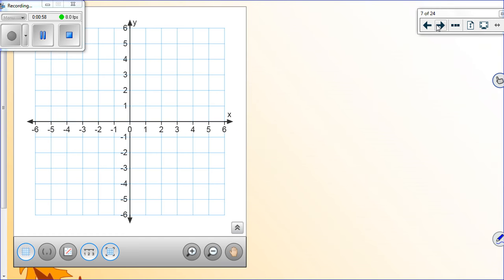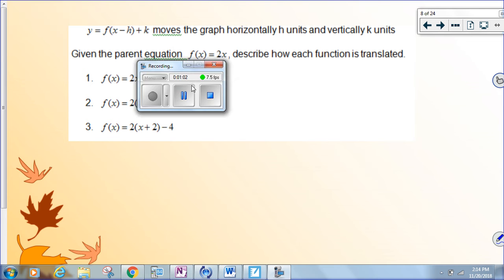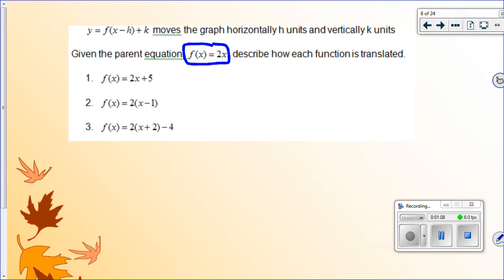So let's look at some examples of that. If I have a parent function, so the original function is called my parent function, or parent equation, f of x equals 2x, so I have a slope of 2. For numbers 1, 2, and 3 here, I want you to describe how that function is being translated.